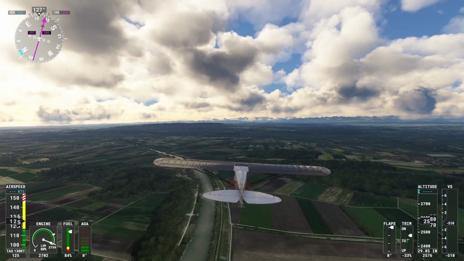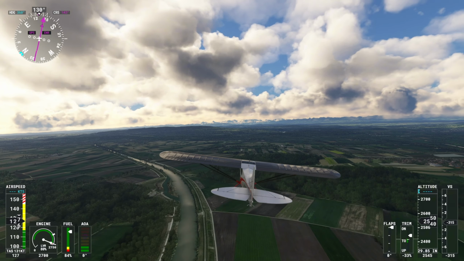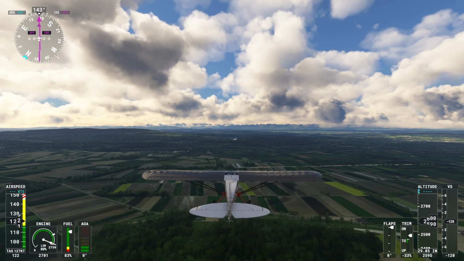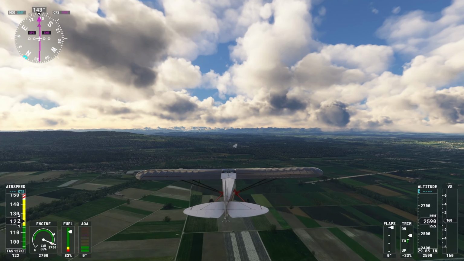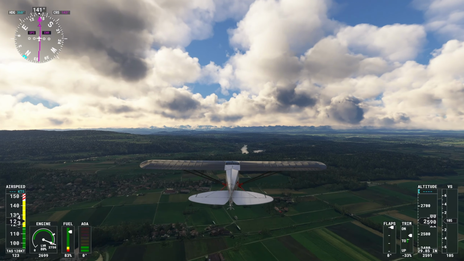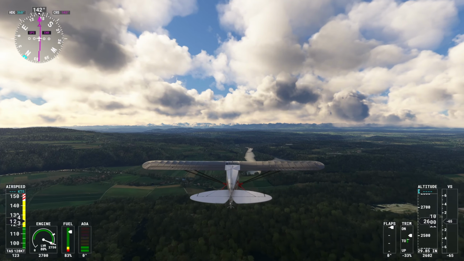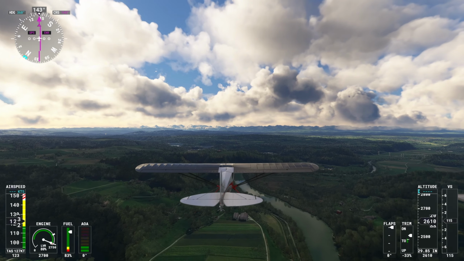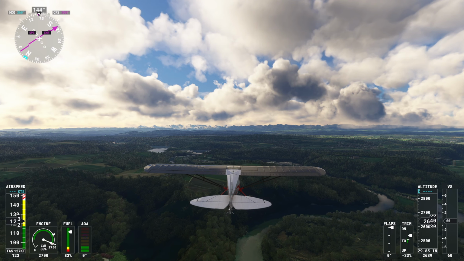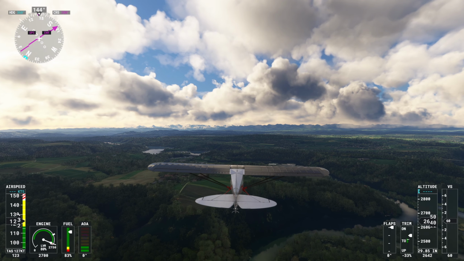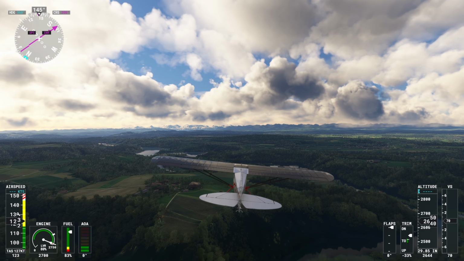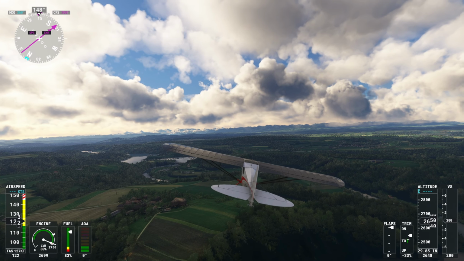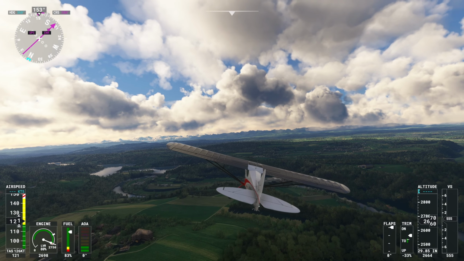Look at those mountains in the distance. Well, here we are. This must be the Saane River. Let's continue. 200 degrees for 5 minutes and 19 seconds.